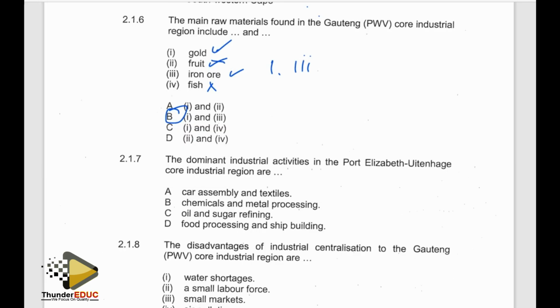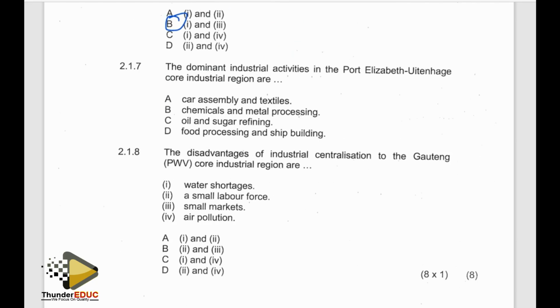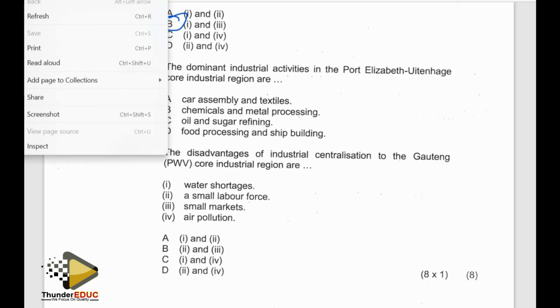217 says, the dominant industrial activities in the Port Elizabeth Uitenhage core industrial region. What is the major activity that happens in the Port Elizabeth industrial region? Right. The major activity is chemicals and metal processing. Chemicals and metals processing.